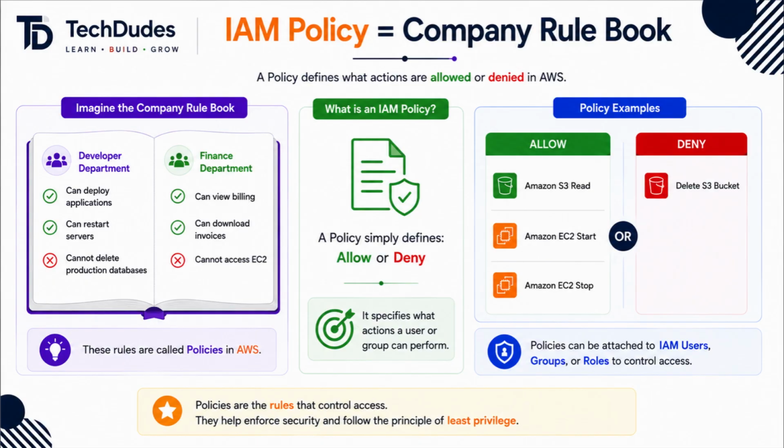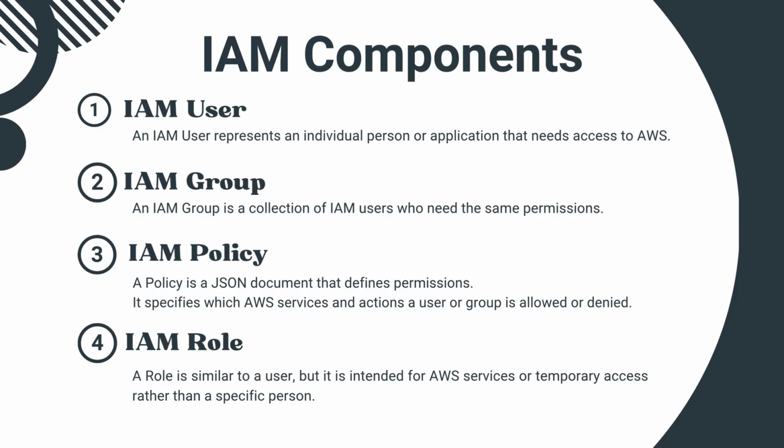It specifies what actions a user or group can perform. Let's say the developer user group is allowed to read Amazon S3, EC2 start, EC2 stop. These are the actions they are allowed to do, but they should not delete the S3 bucket. So we will specify that we will deny. So how will we deny? In the policy itself.